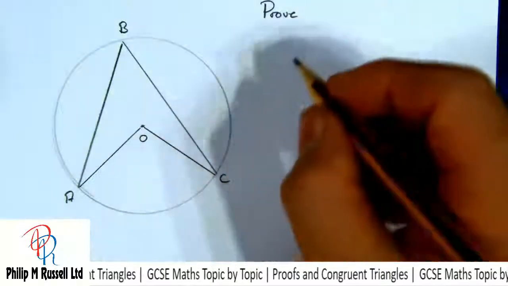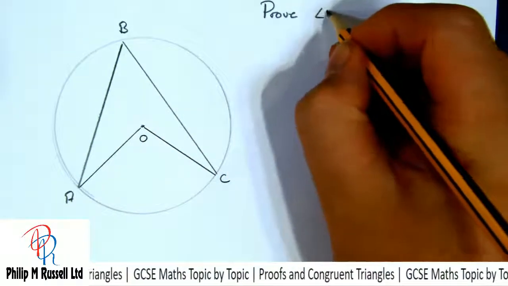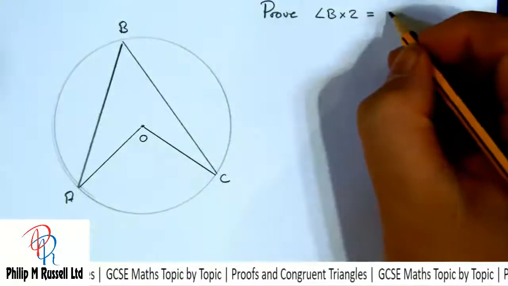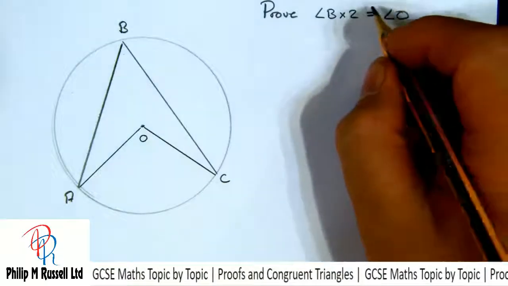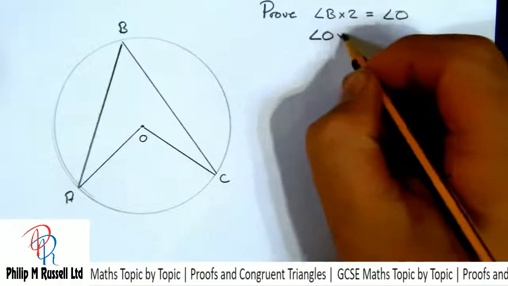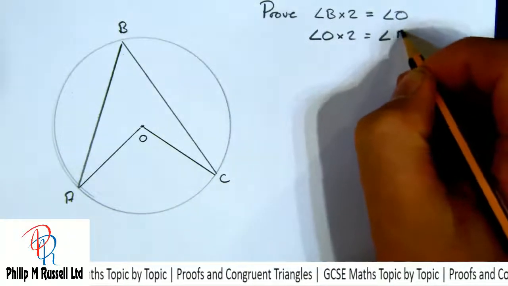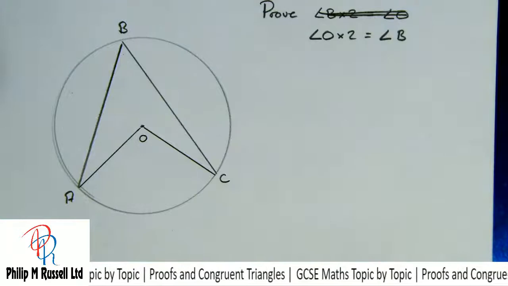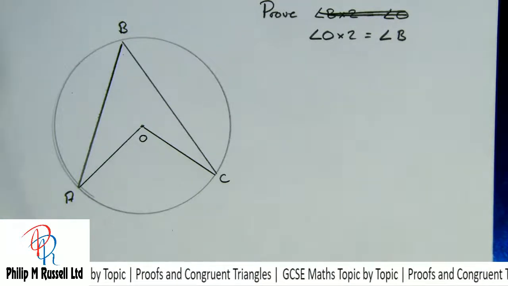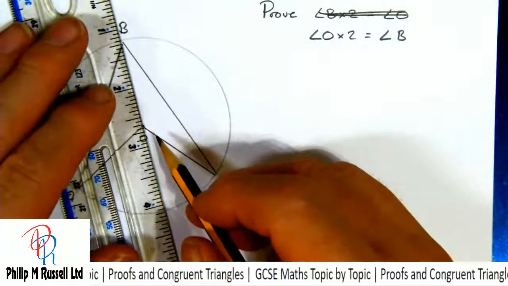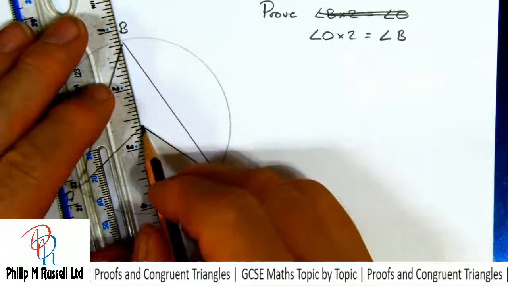So I've got to prove that angle O is 2 times angle B. Wrote that round the wrong way. Right, let's go ahead and try and work this out. I'm going to need to put in one extra line, and I'm going to put in a line up here.